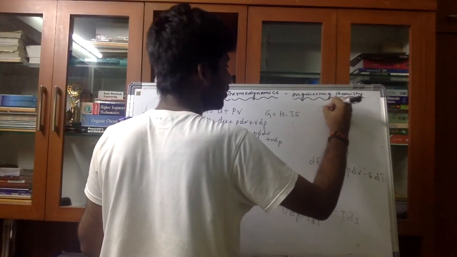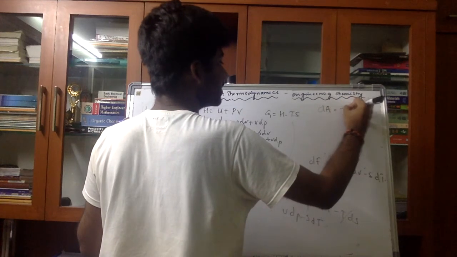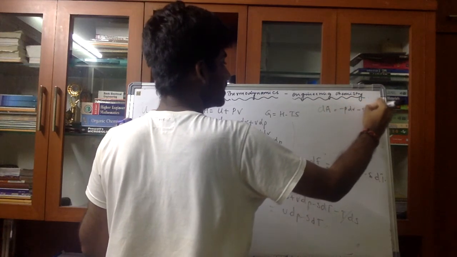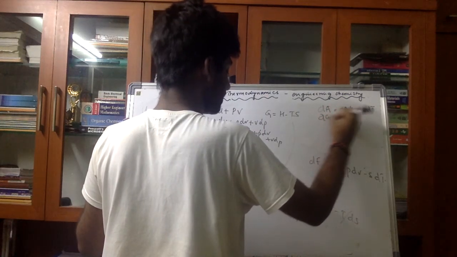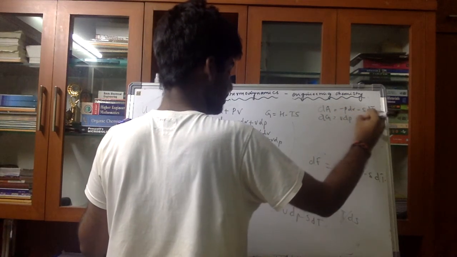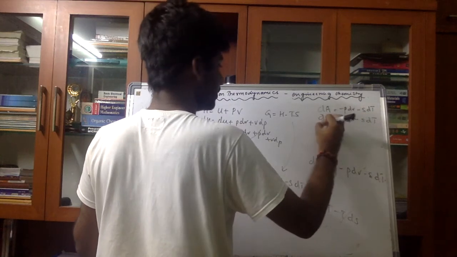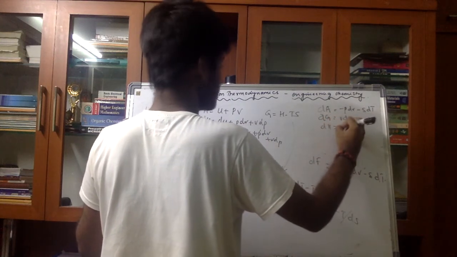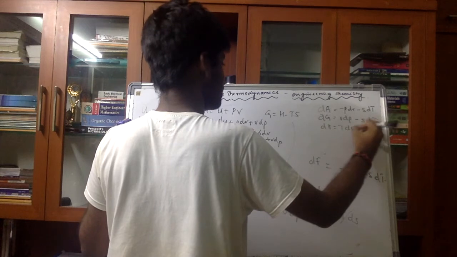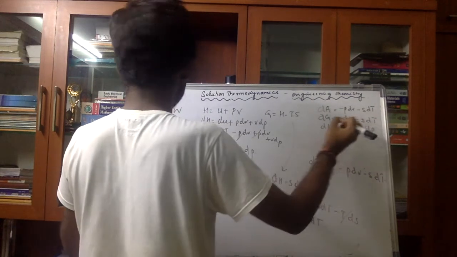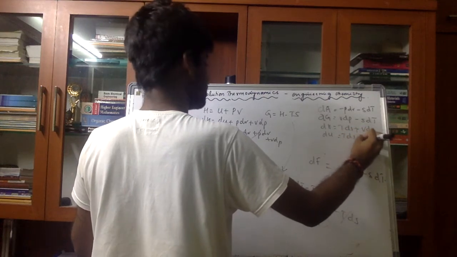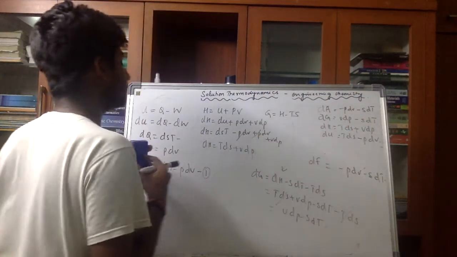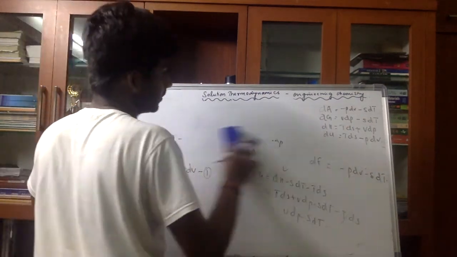Write dF or dA for now: it's minus PdV minus SdT, and dG is VdP minus SdT, dH is TdS plus VdP, dU is TdS minus PdV. Okay, so now let me rub this off.